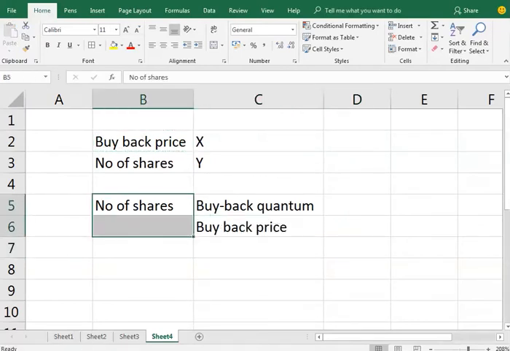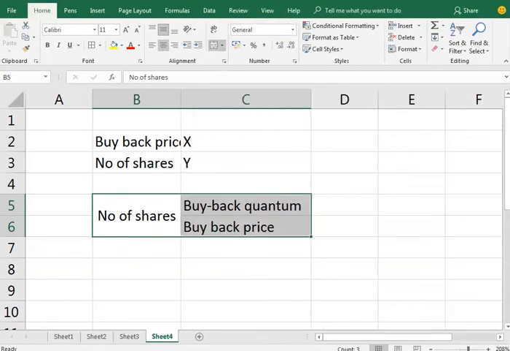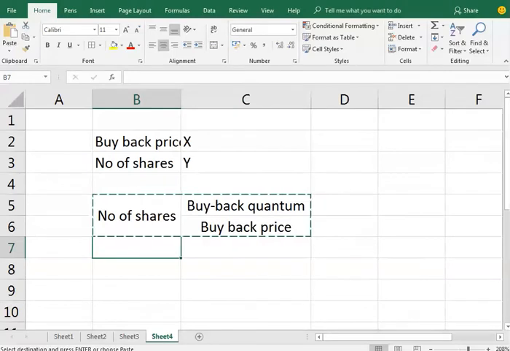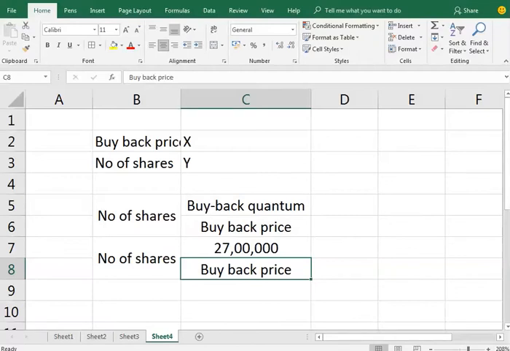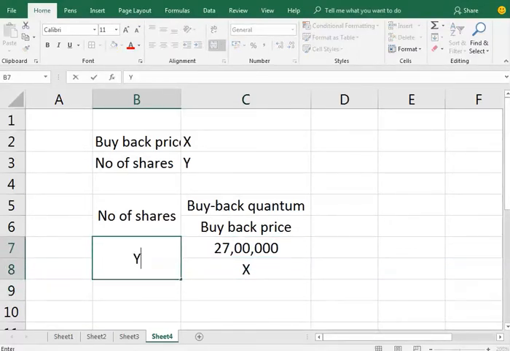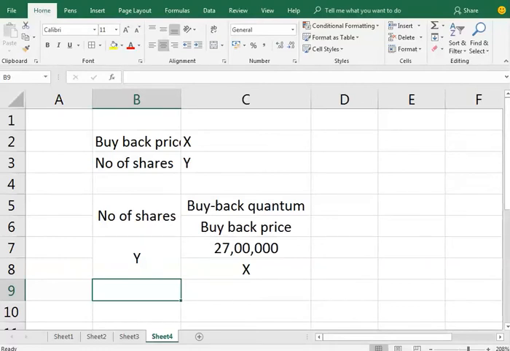This is the first equation we are going to develop. Number of shares is equal to buyback quantum by buyback price. Any doubts on this? So X into Y is basically 27 lakhs. XY is 27 lakhs.